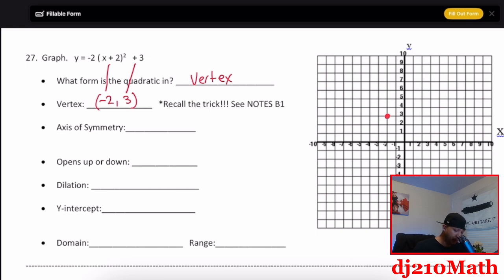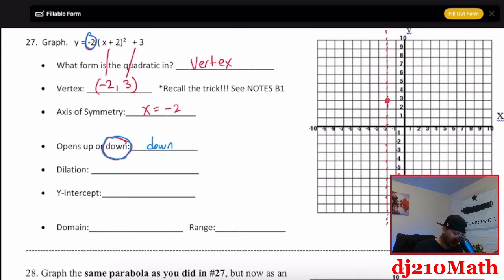Axis of symmetry will go through the x component of the vertex. So axis of symmetry will look like this, through negative 2. It opens down. Maybe I should do it in different colors. It opens down because of the a value. Because the a value is negative, so it's going to open downward. The dilation is just 2, the a value. And the y-intercept is 3, positive 3.